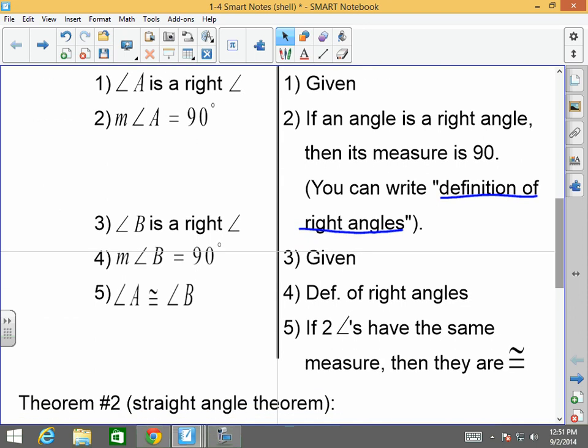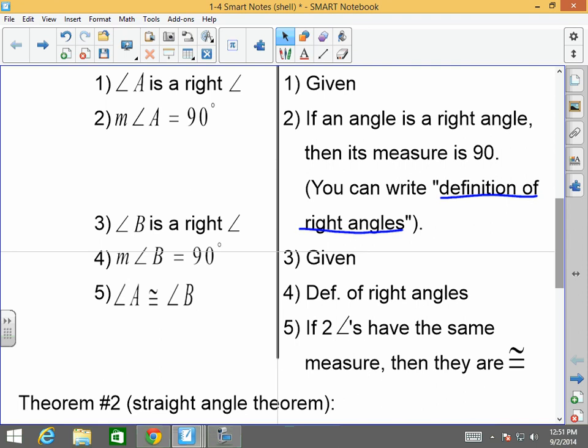If two angles have the same measure, then they are congruent. And that's a proof. There's no question to any reader out there about that. No one can argue that because it is proven. Does that make sense, y'all?